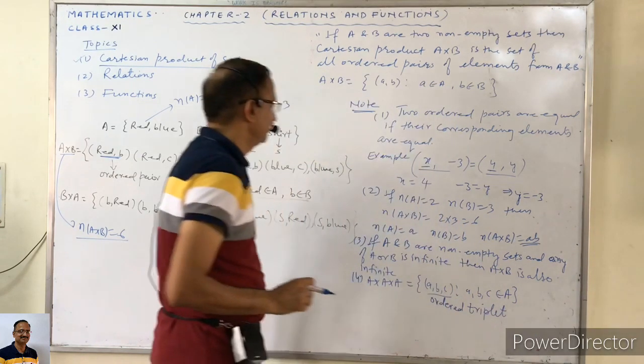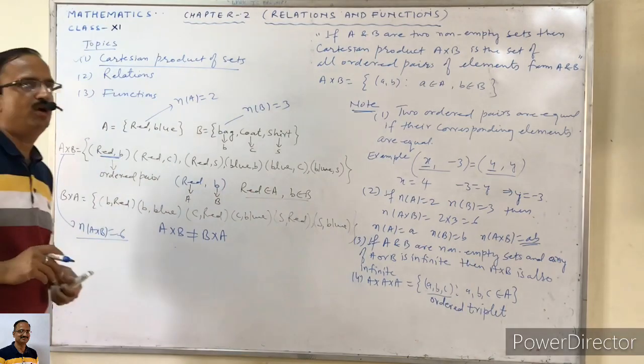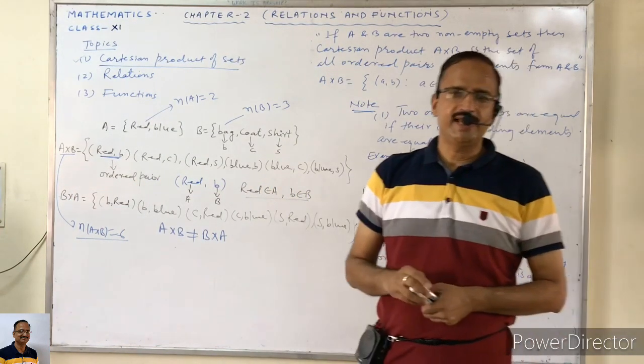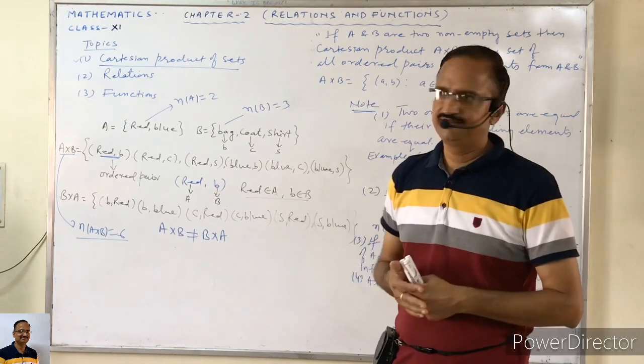For two elements, we call this an ordered pair. Now for three elements, we will call this an ordered triplet.